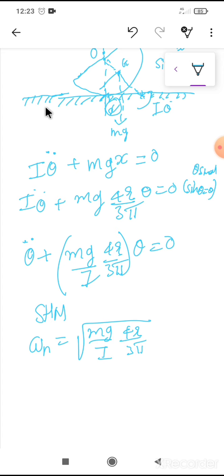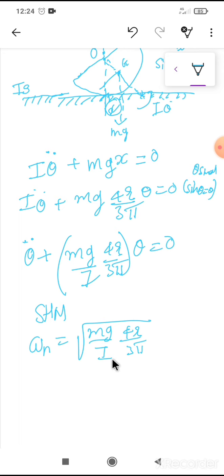This is the moment of inertia at the ground surface, so let's say this I is I_s.